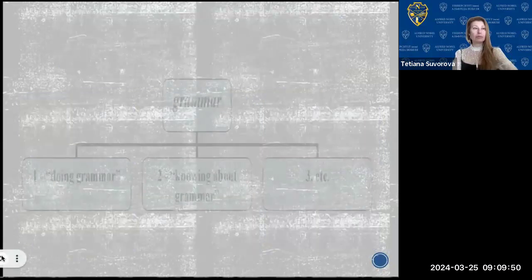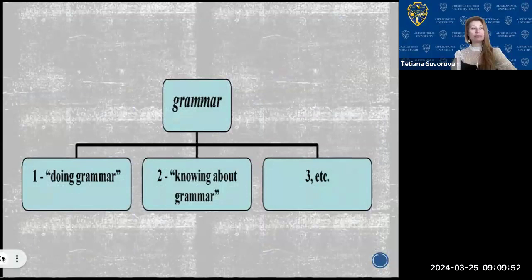Okay, so now, knowing all that, we can sum up that the word grammar, in respect of its etymology and in respect of our course, has a connection to such meanings as doing grammar and knowing about grammar. Doing grammar is writing, the art of writing, so the general practicing.